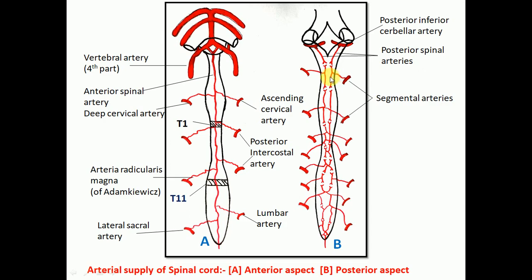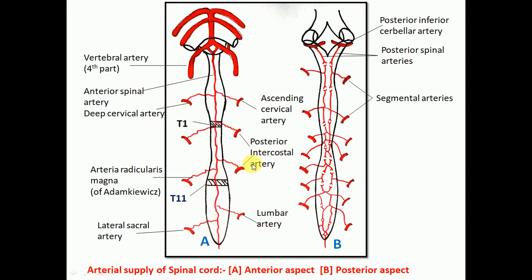Now the third arterial branches are the segmental arteries. They are the spinal branches, or we can say radicular arteries. There are 5 segmental arteries: number 1 is the deep cervical artery, then the ascending cervical artery, then the posterior intercostal artery, then the lumbar artery, and the lateral sacral artery.